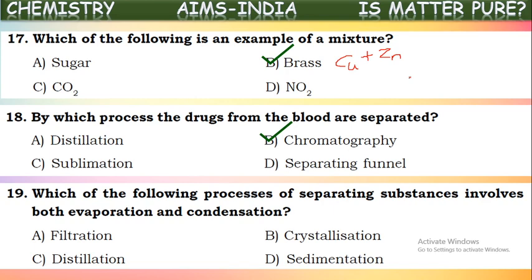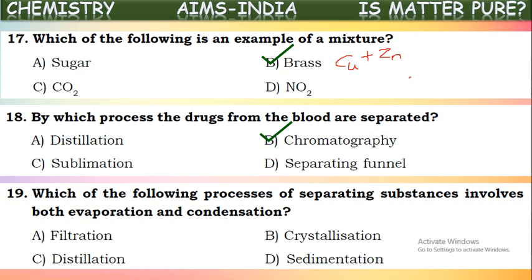See here, filtration. Will there be any change in state? No. Just an insoluble solid is separated from the liquid in filtration. So it is not. What is crystallization? Crystallization involves separation of the dissolved solid substance from the liquid into solid form again. If you see distillation, what happens in the distillation process?